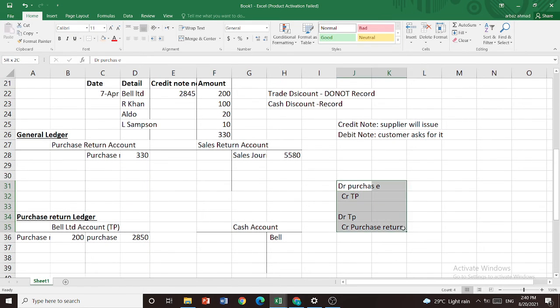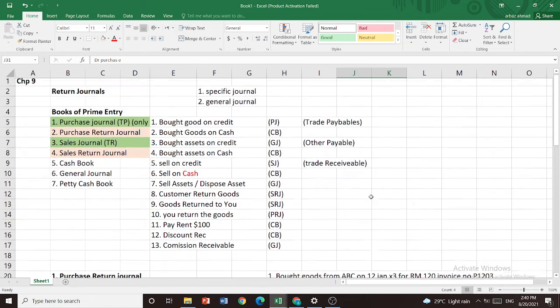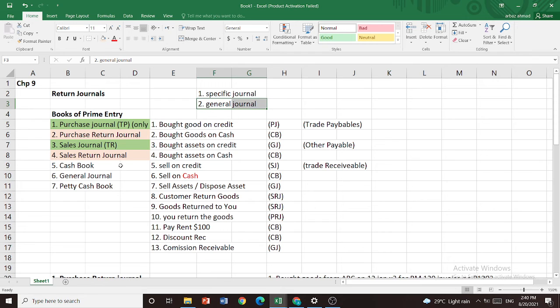But when I do this, it is easier for me to understand what is debit and what is credit. So remember, this journal and this journal are different. This one is the thing I always do, debit and credit, but this one is specific. If you are following the book, then you should do this. This is just for understanding.